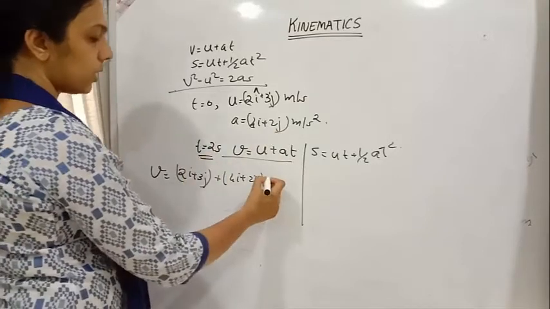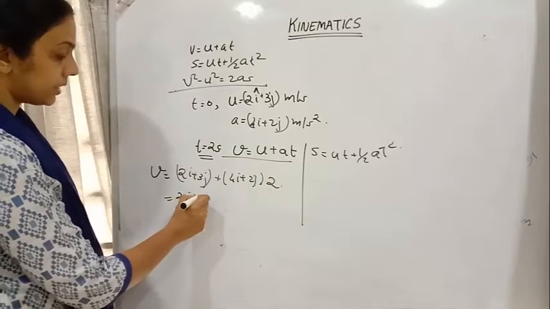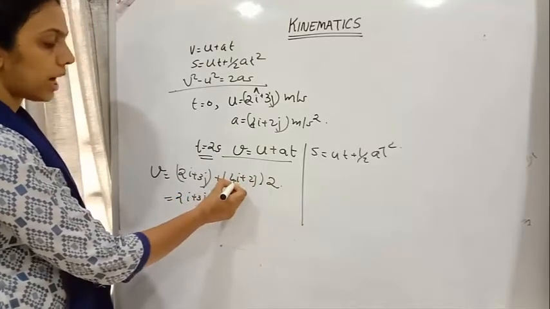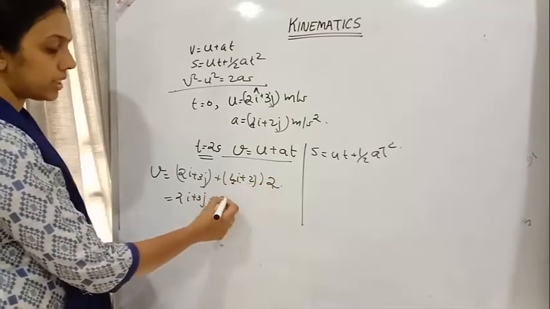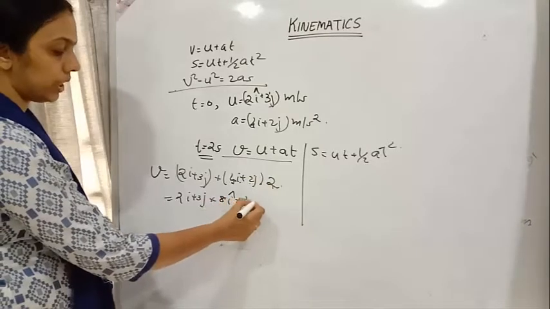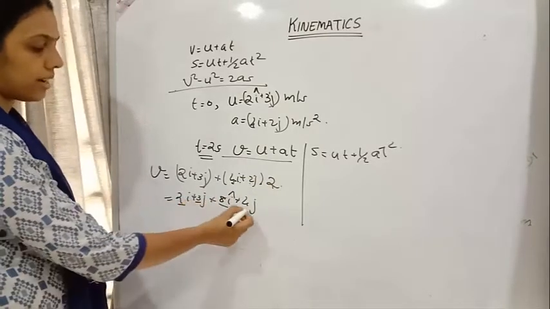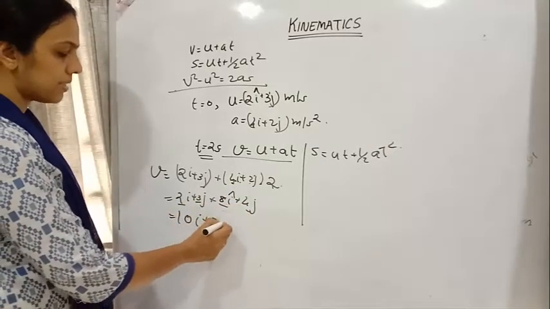After 2 seconds only it is asked, so into 2. Multiply each i with 2 and j with 2, so 8i plus 4j. Then add i together, add j together. So here it is 10i plus 7j.